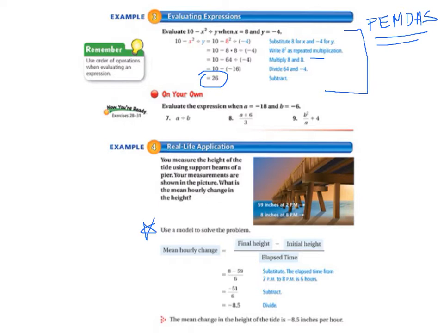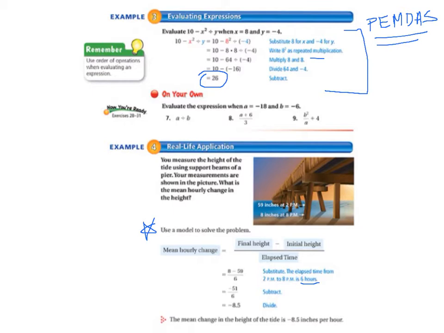So it gives us a formula. The mean hourly change equals the final height minus the initial height over the elapsed time. So it says substitute the elapsed time from 2 p.m. to 8 p.m. is 6 hours, so we're going to put 6 hours on the bottom, and then it started out at 59 inches, so that's what we put in for the initial height, and it ended up at 8 inches, so that's what we put in for the final height.